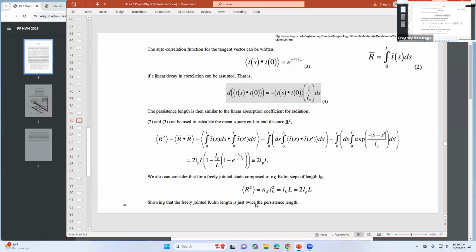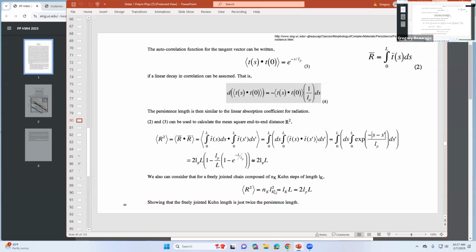Right. So if you take this thing, it says you have a Gaussian or random walk chain made up of steps that are fixed length, L_K. This thing says if you get rid of this term, it means you have an infinite chain. So you have an infinite Gaussian chain in order to make this thing work. Because this part is Gaussian, this part is infinite, in order to simplify that equation.